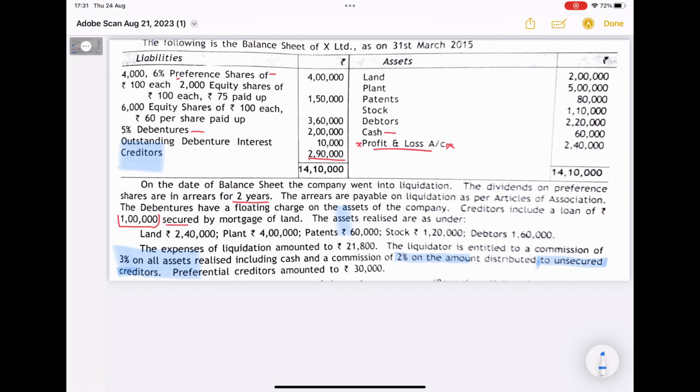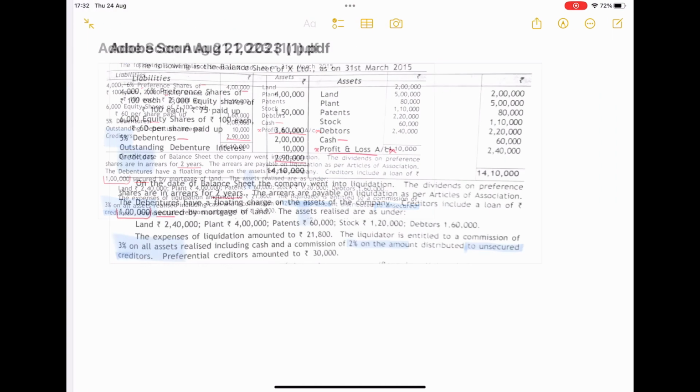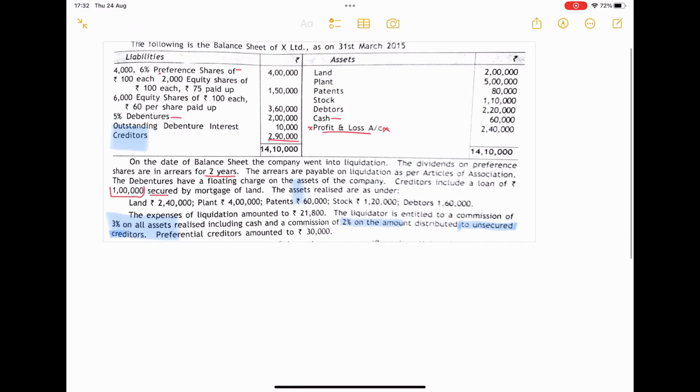So we have to calculate the value of unsecured creditors, and then pay 2% on that value. Preferential creditors are 30,000. Look here, so here I'll solve the question.